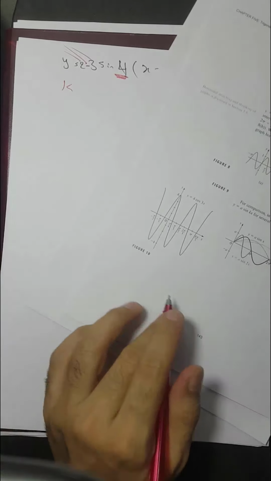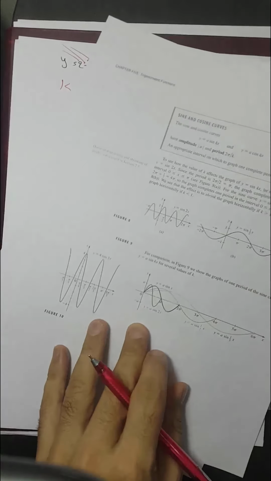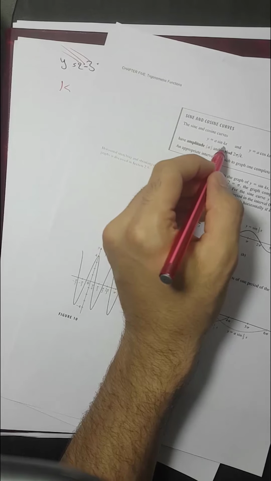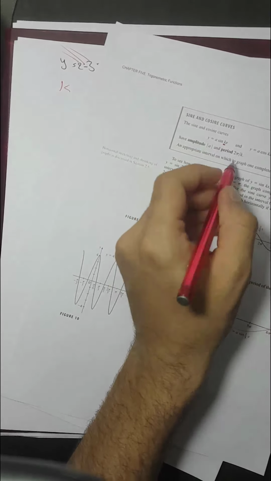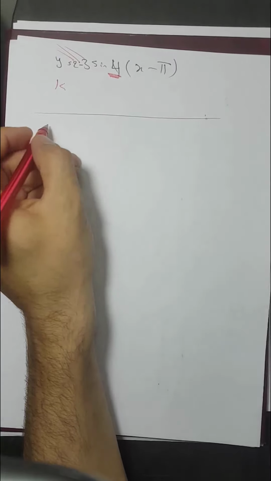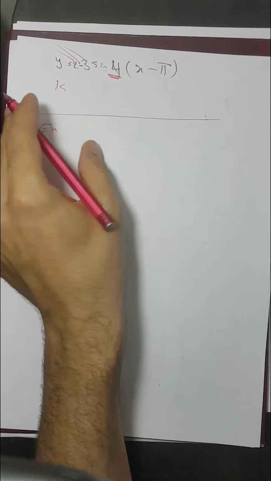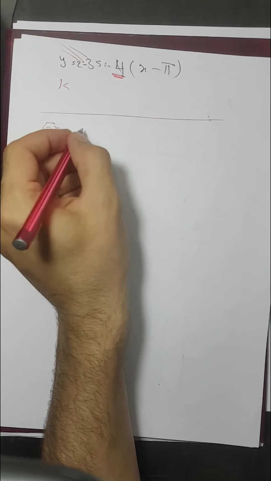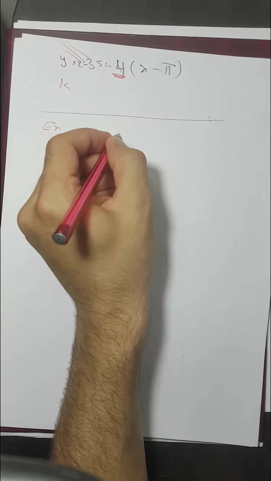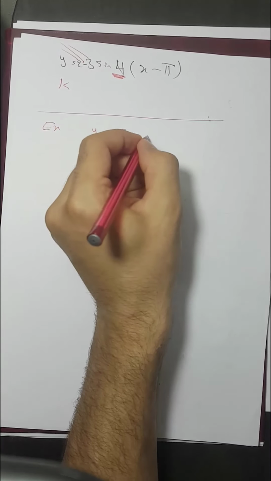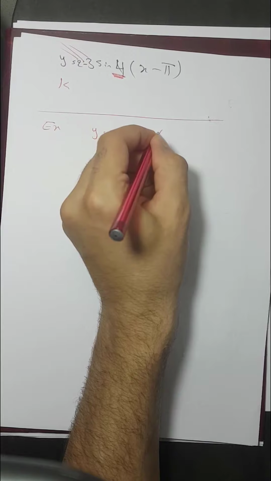Here's amplitude. Go to page 143. Here's your period. Can you imagine? Here's kx, okay? Period is 2 pi over k. Now I'm going to talk about period. I'm simplifying my example for getting the idea. So I say y is equal to sine of, for example, 2x.